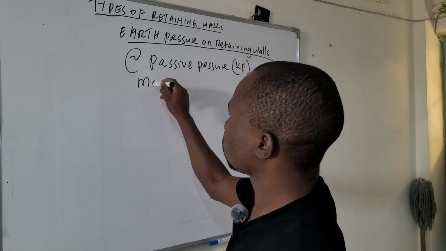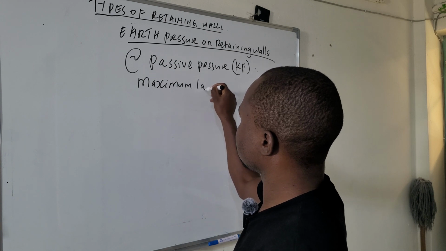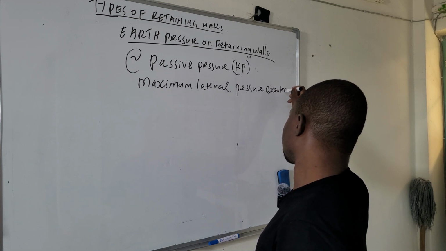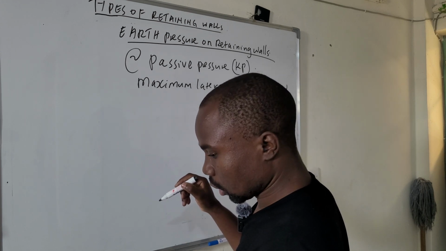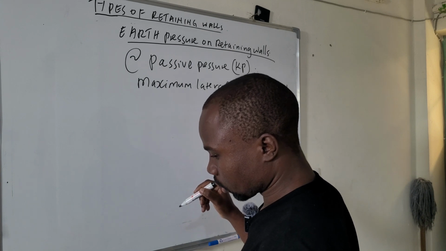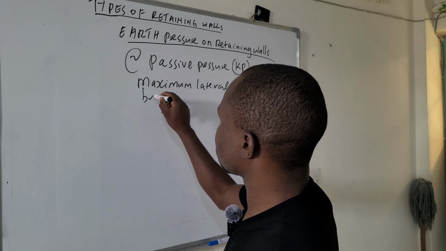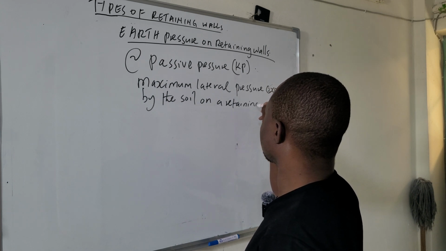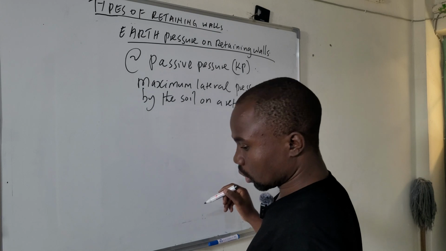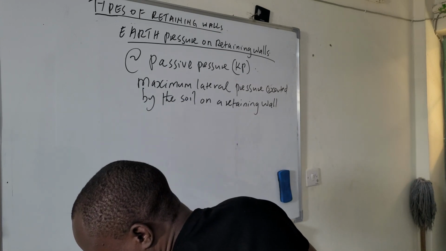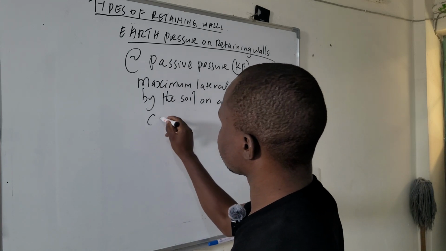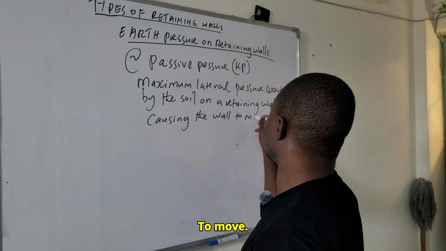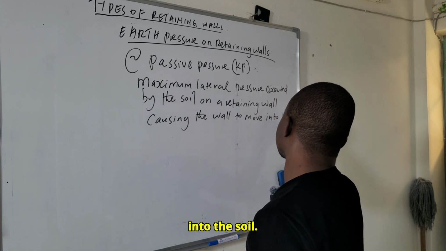It is the maximum lateral pressure exerted by the soil on a retaining wall, causing the wall to move into the soil.